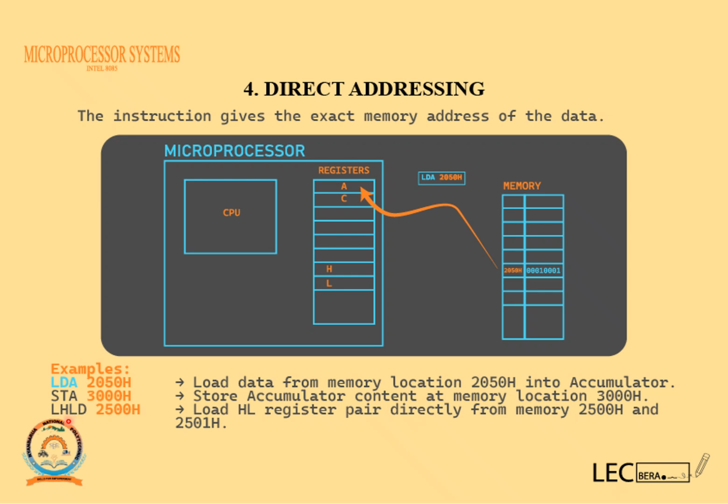So I'm loading the register pair HL. What are you loading into this register pair? You are loading the data at this memory address and the adjacent memory location, 2501H, so that those two are held by the register pair HL. These are examples of direct addressing instructions.